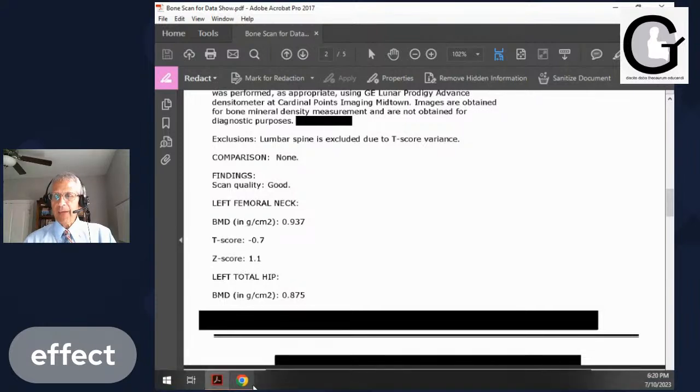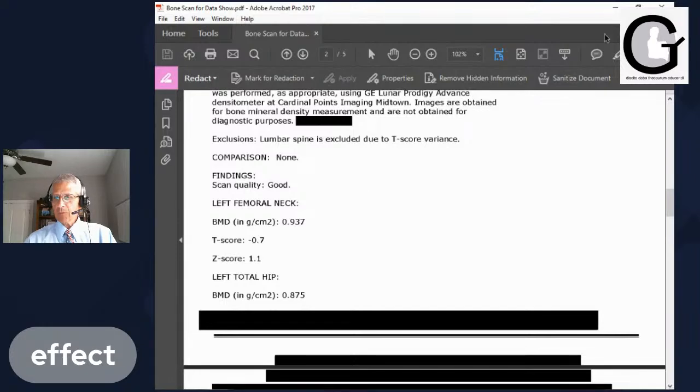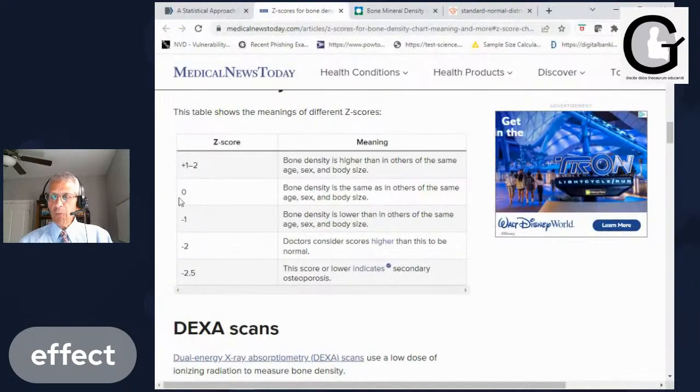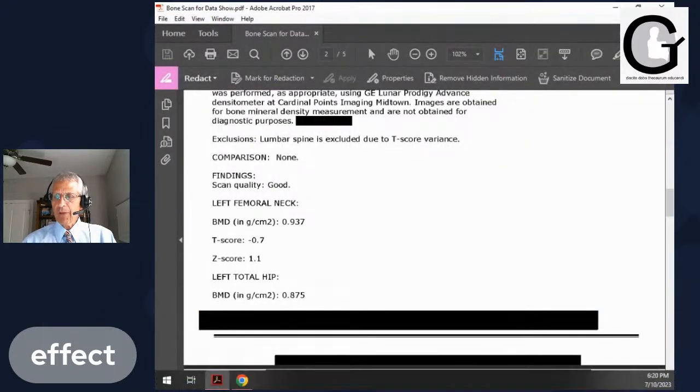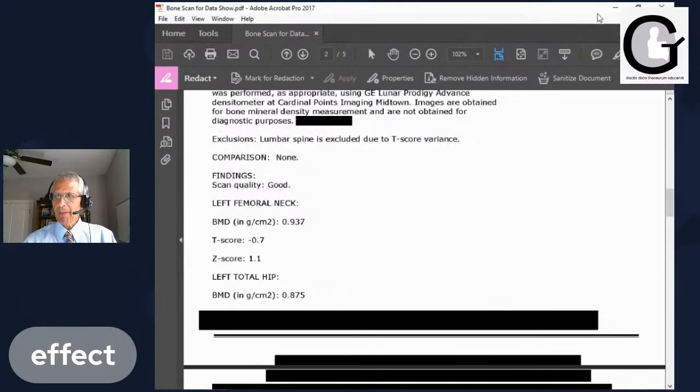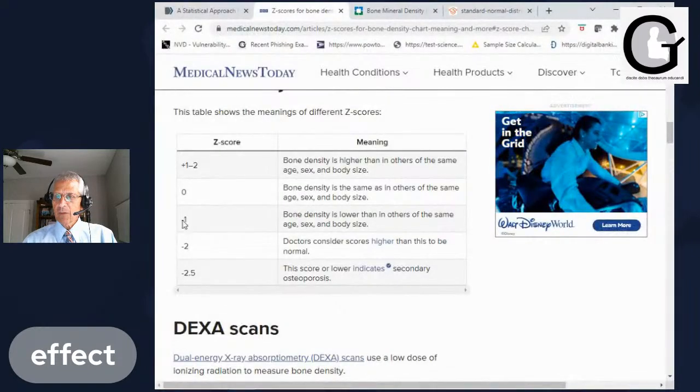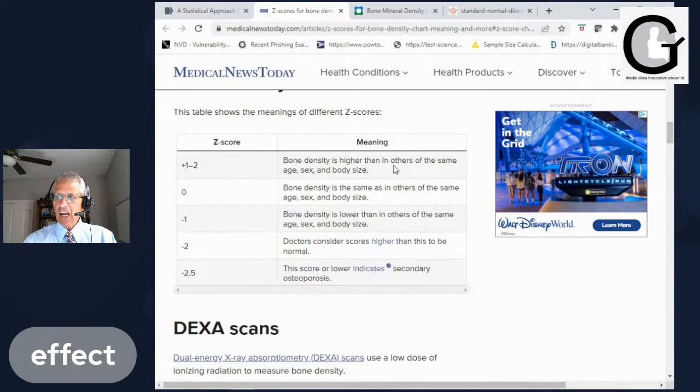Well, is that good, bad, or whatever? So let's take a look. 1.1 says bone density is higher than in others of the same age, sex, and body size. You're comparing people to that.